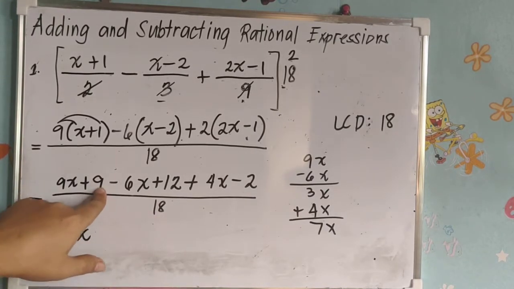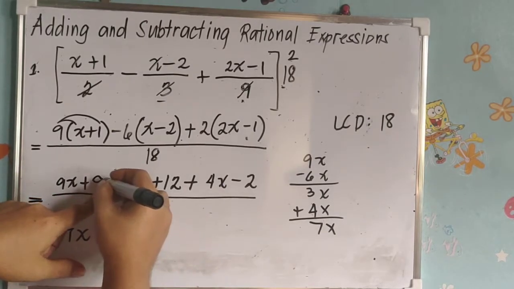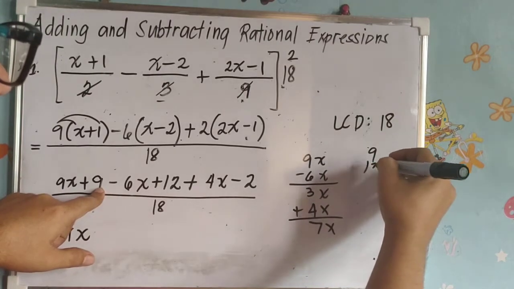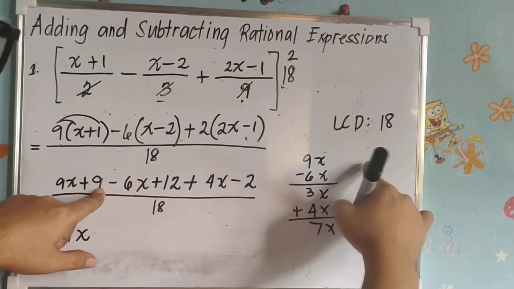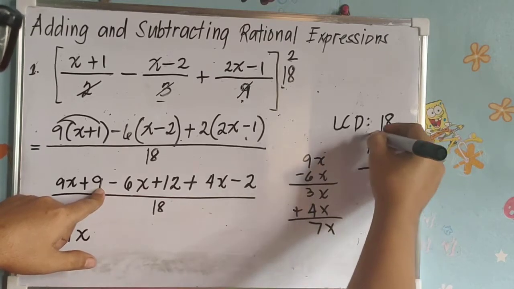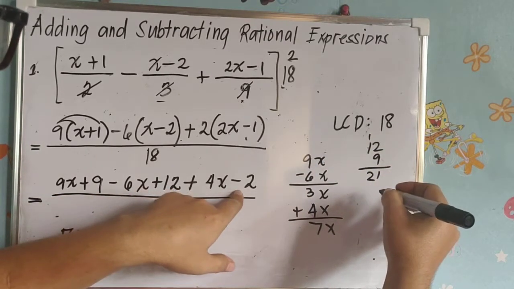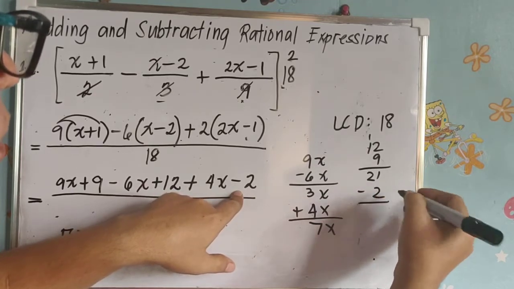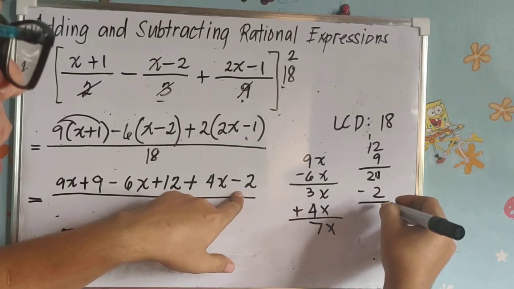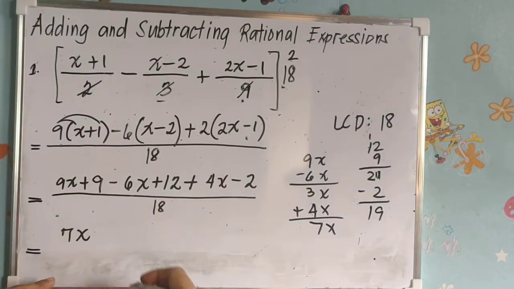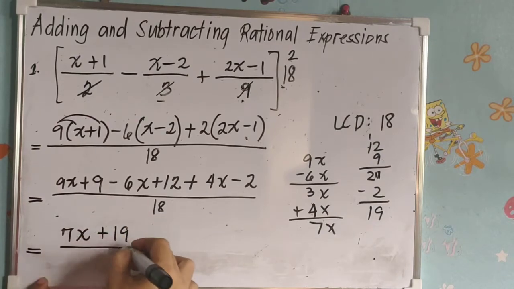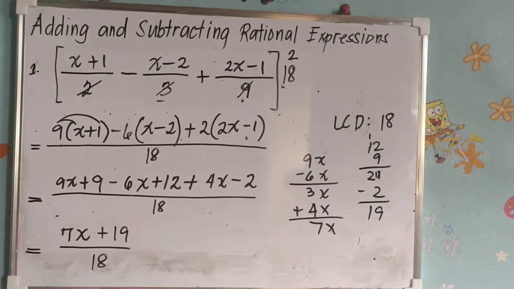And the constants: we have 9 plus 12, or 12 plus 9, so we have 21. And then minus 2, so we have 19. So plus 19 all over 18.